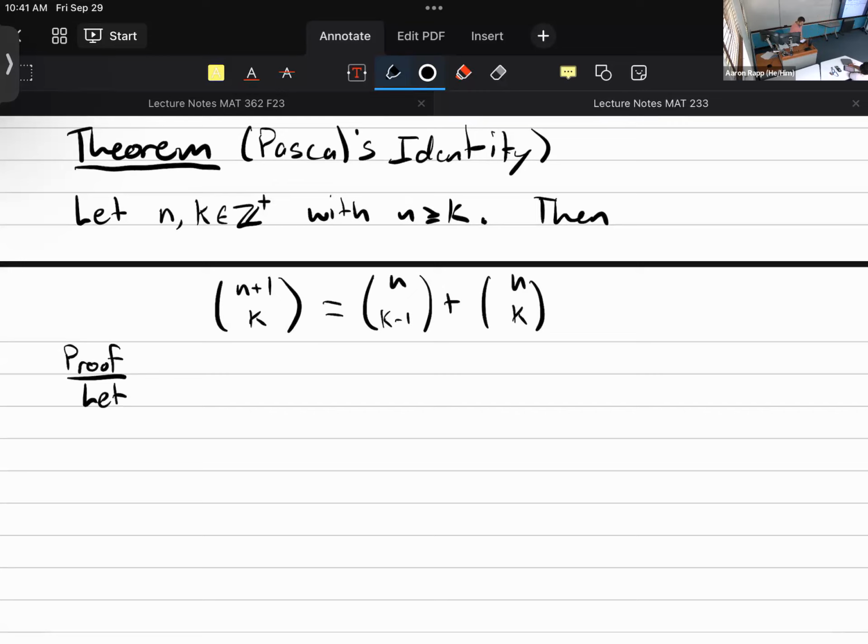So, same preamble that we have in our theorem: let n and k be positive integers with n being greater than or equal to k.